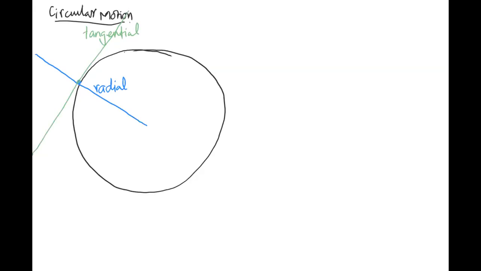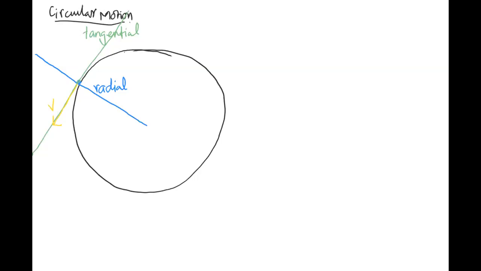The particle is moving along a circle with some speed v. I'm saying speed because the direction of the velocity keeps on changing. Since the speed of the particle is constant, which is the definition of uniform circular motion.